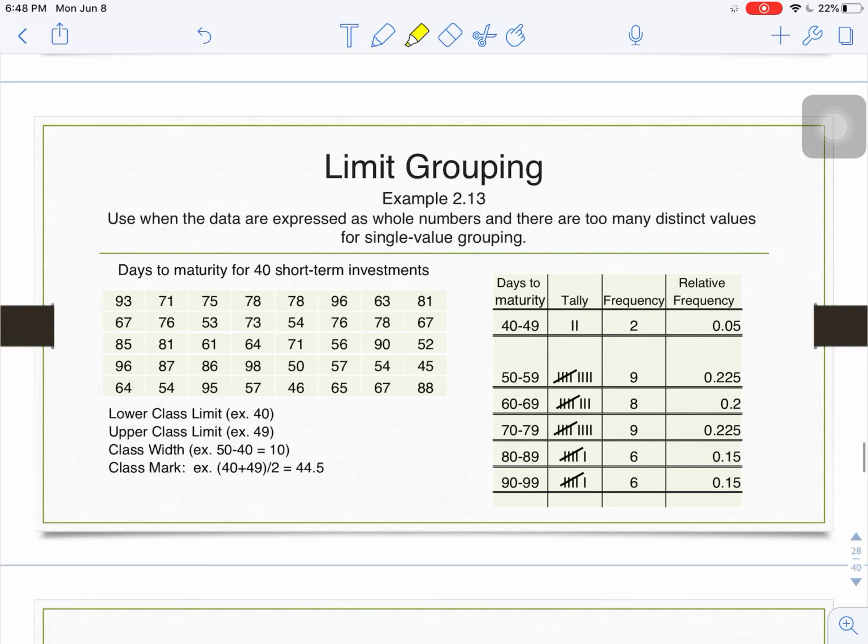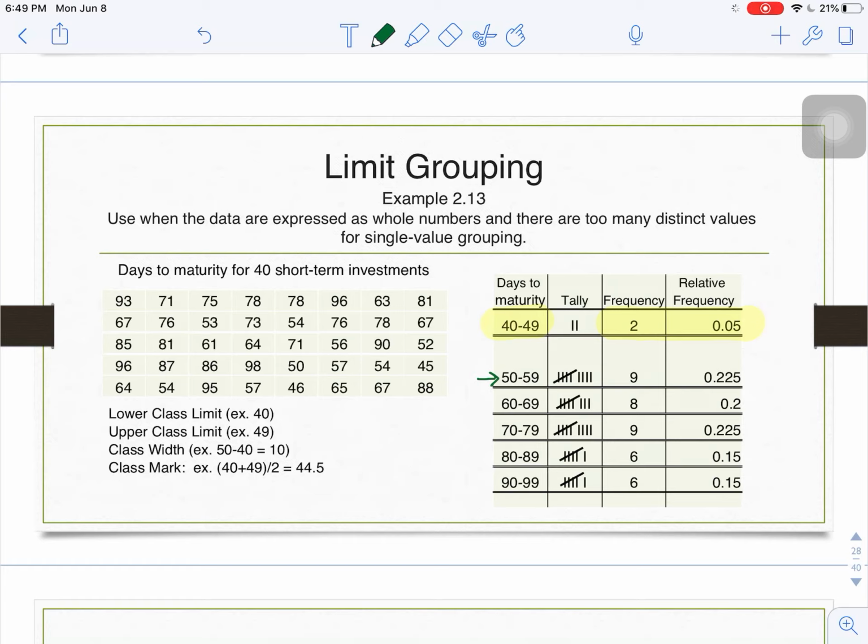So for limit grouping, what you're looking at here, we're grouping different values together. So if we're looking at a CD and how long does it take to mature, we would look at 40 to 49 days. Well, there are going to be 2 that mature within 40 to 49 days. And then we represent that tally as a frequency and as a relative frequency.